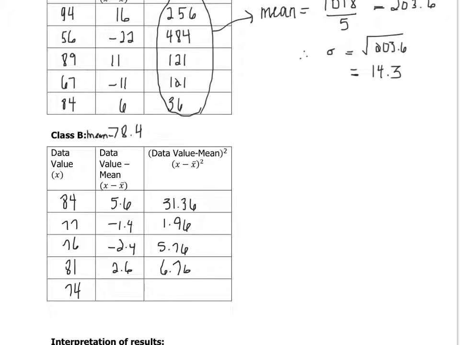And 74 take away 78.4 is negative 4.4, and you square that, and you get 19.36.